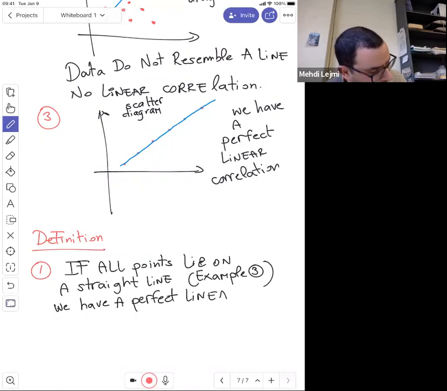Again, correlation means relationship, guys, or connection. Perfect linear correlation.